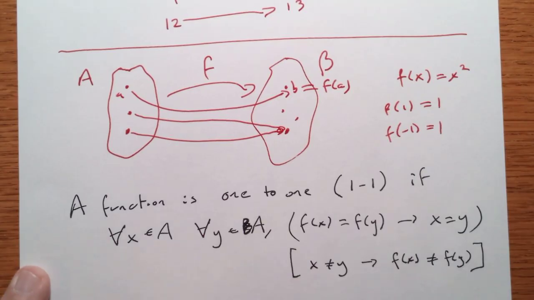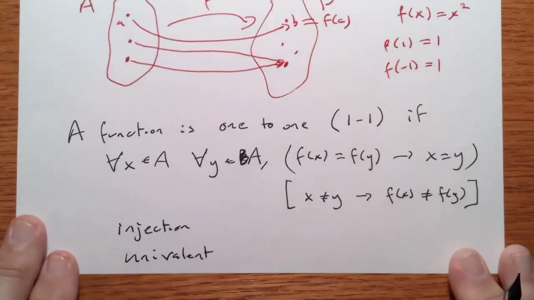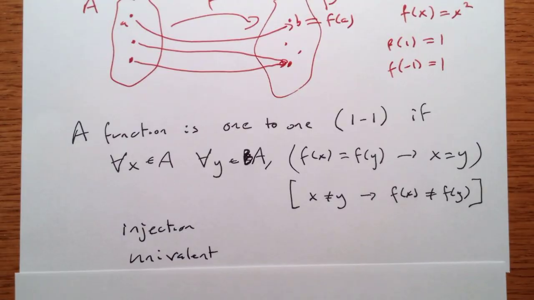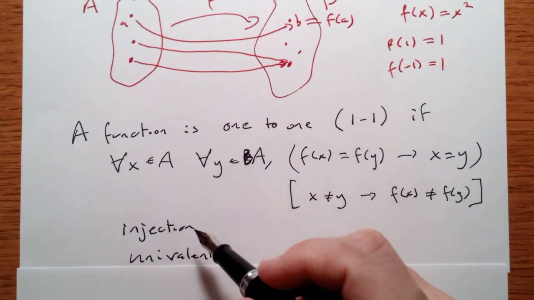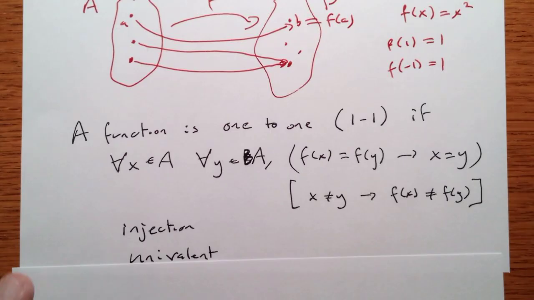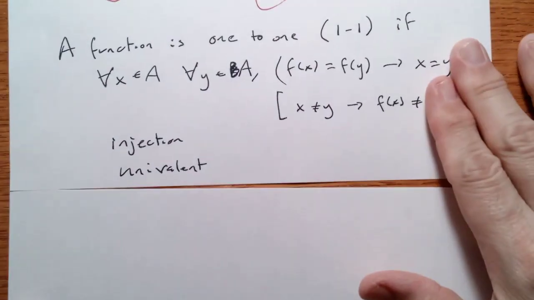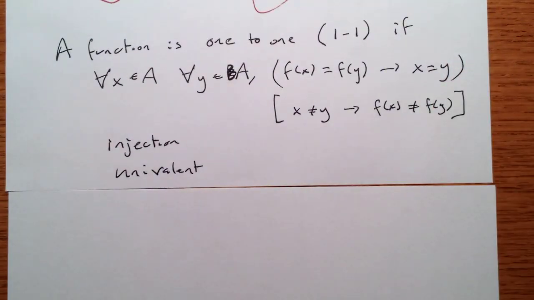This is also called an injection or a univalent function. One value, univalent. Valence, like in chemistry, right? Valence ions and all those sorts of things. You'll hear injection more often than univalent in these levels of courses. So this is what it means for a function to be one to one.